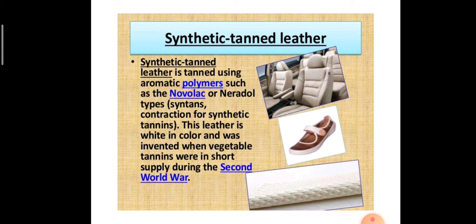Synthetic tanned leather is tanned using aromatic polymers such as the novolac or neradol type syntans, condensation products for synthetic tannins. This leather is white in color and was invented when vegetable tannins were in short supply during the Second World War. So this is the synthetic tanned leather. It also looks like leather.